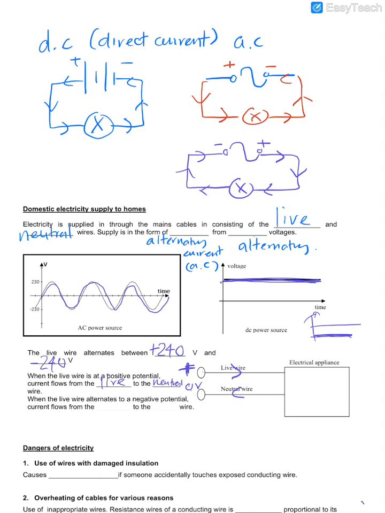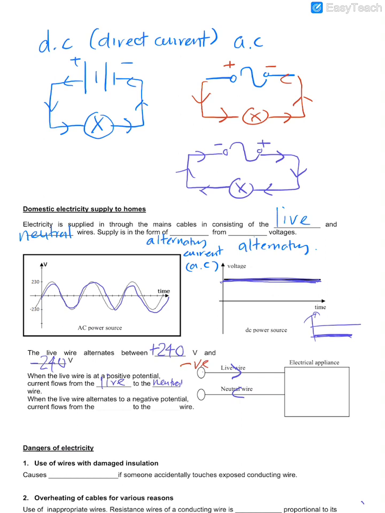Now a lot of people wrongly assume that current always flows from live to neutral, because of the name live. Okay, but it's not always the case. The live wire is going to alternate to negative potential. So this one is going to change to become negative.